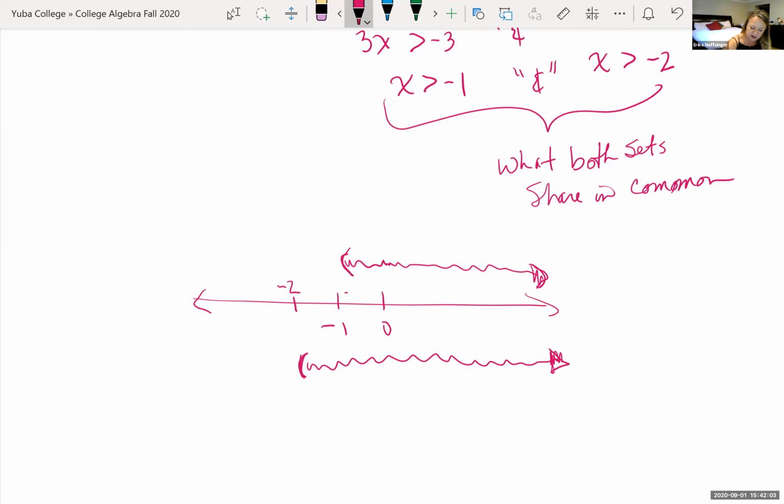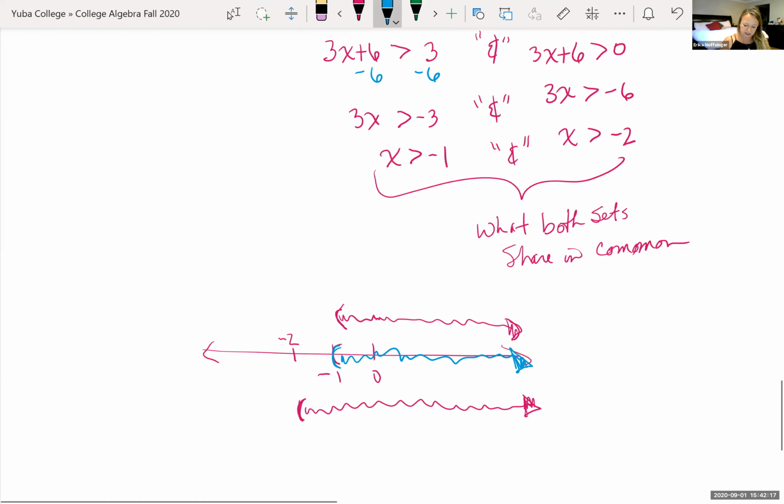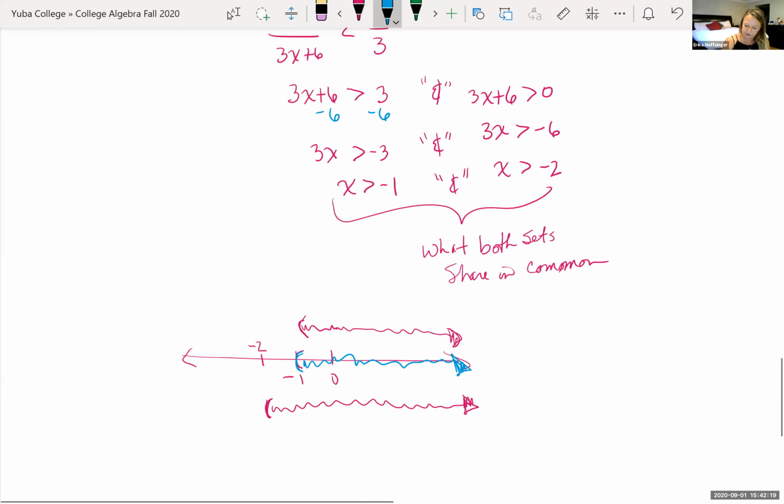from, and not including, -1 to infinity. So our solution is -1 to infinity.